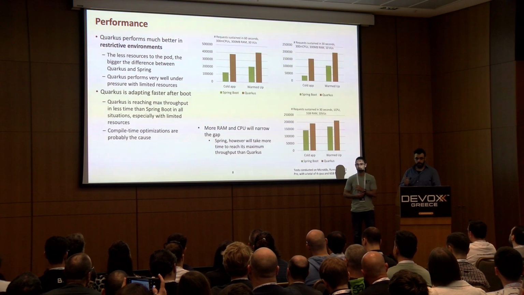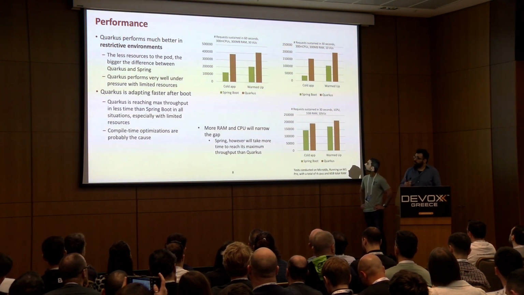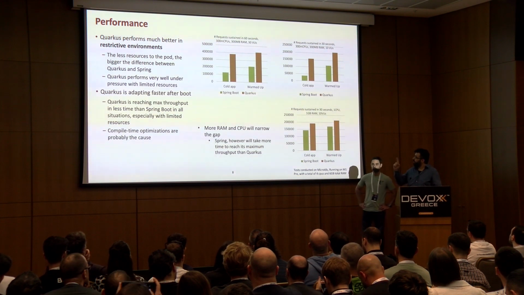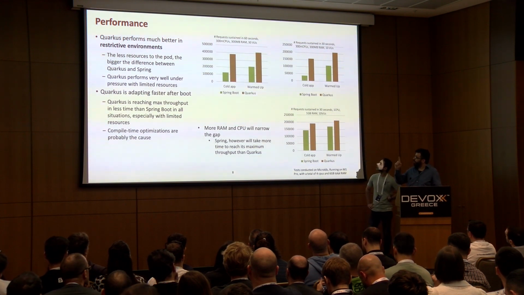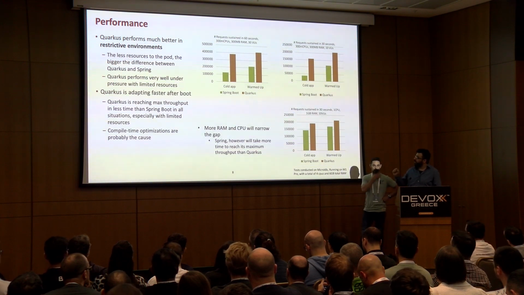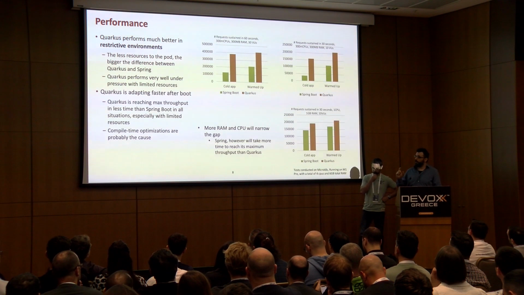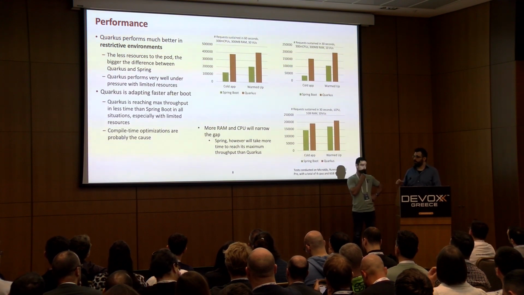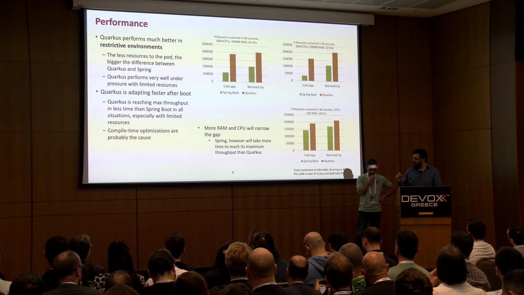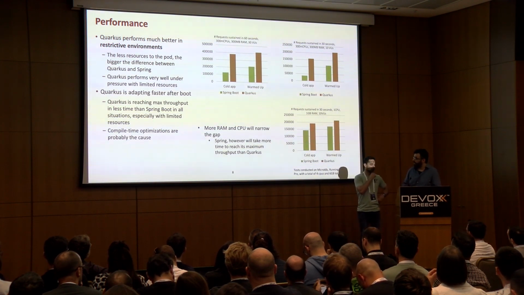Quarkus is still ahead, but the gap is narrowing. What's more interesting in the performance tests between the cold and the warmed up app is that the gap between cold and warm in Quarkus is much lower than the gap between the cold and warmed up application in Spring.